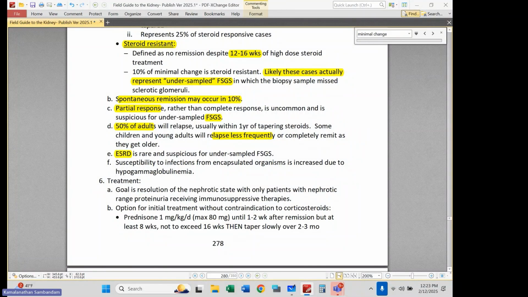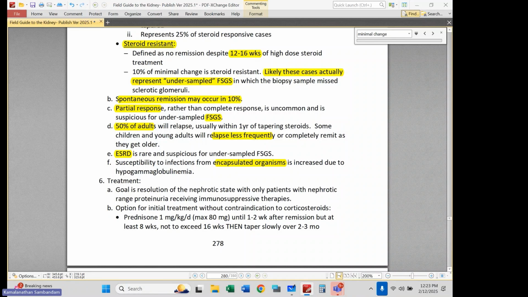ESRD is rare. We've gone over that a couple of times, that progressive CKD is not the common clinical course of a minimal change disease patient. And in the past, before we effectively treated patients with minimal change disease, these patients were dying of infections such as spontaneous bacterial peritonitis with pneumococcus.